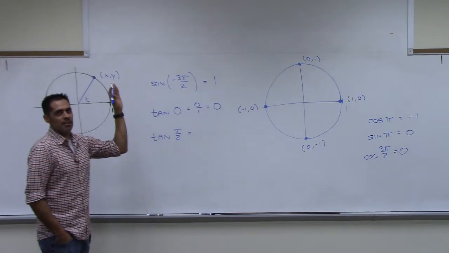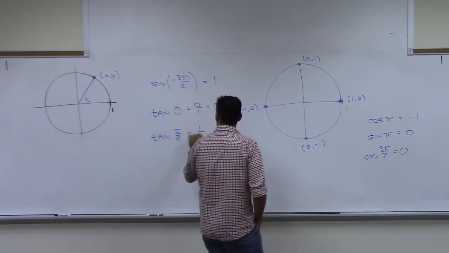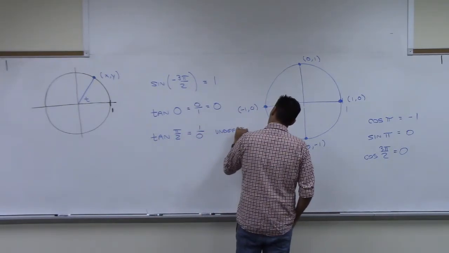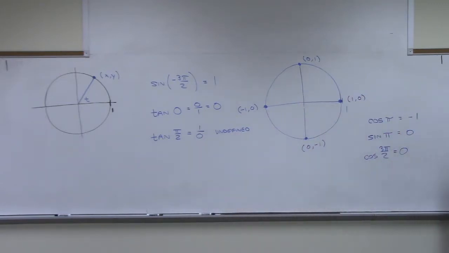Then you should be trying to take your y-coordinate and divide it by your x-coordinate. And you should be having a problem with that, right? You're getting 1 over 0. This is undefined. Tangent of pi over 2 is undefined. You're trying to divide by 0. We're not allowed to. All right?